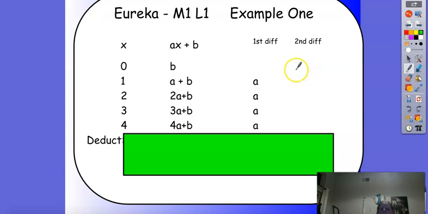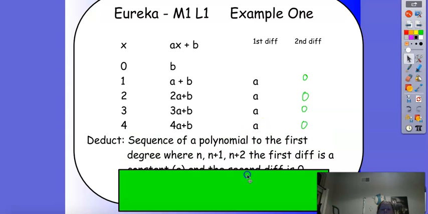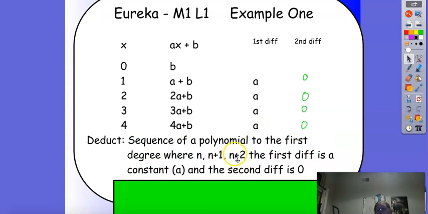Okay, now I'm going to do one more. On this one, I jumped ahead of myself. I found this, and I know this is 0, 0, 0, and you can deduce, and they write it kind of fancy, the sequence of a polynomial to the first degree.